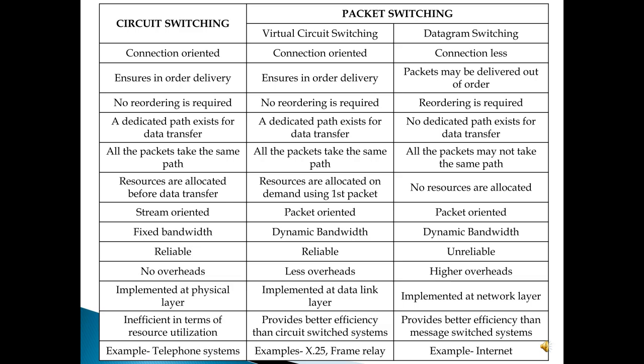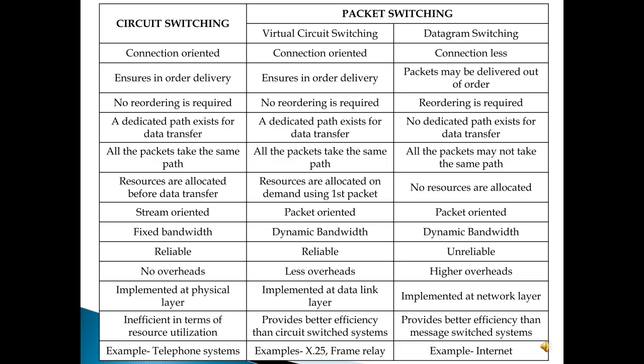Now, there are certain comparisons we can find. When we talk about circuit switching, it is connection oriented. It ensures in-order delivery. No reordering is required. A dedicated path exists for data transfer. All the packets take the same path.